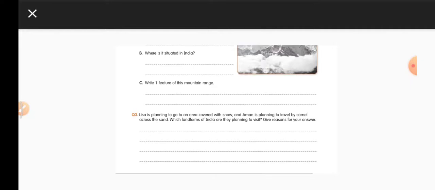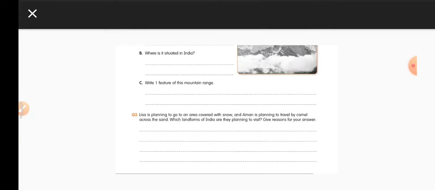Read the question 3. Lisa is planning to go to an area covered with snow, and Aman is planning to travel by camel across the sand. Which landforms of India are they planning to visit? Give reasons to your answer. Okay.